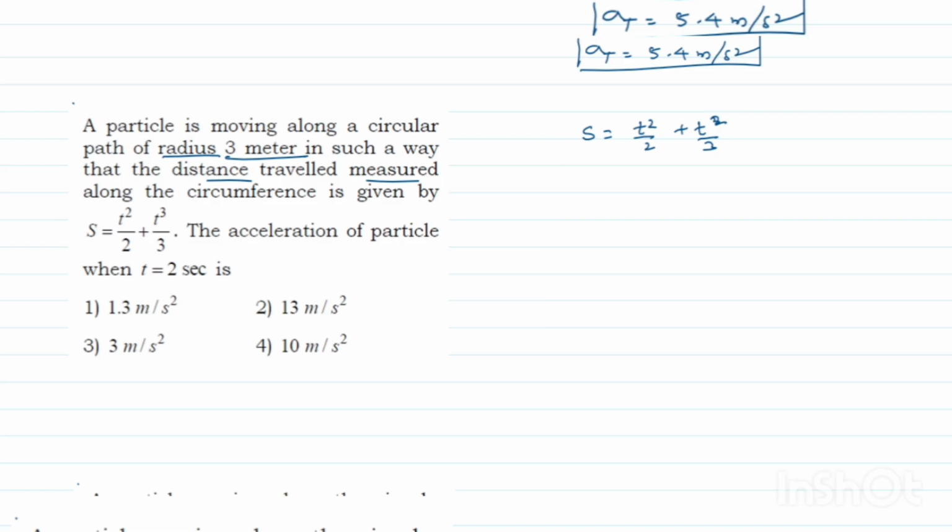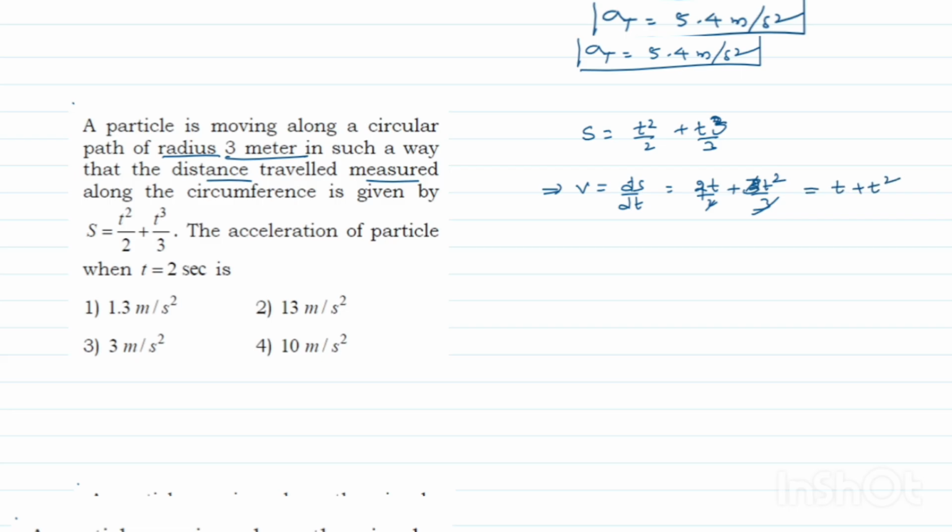So now we can talk about the tangential acceleration. We take v equals ds by dt. When simplifying, t square gives 2t by 2, plus 3t square by 3 from t cube by 3. The 2 and 3 get cancelled, so the value is t plus t square.